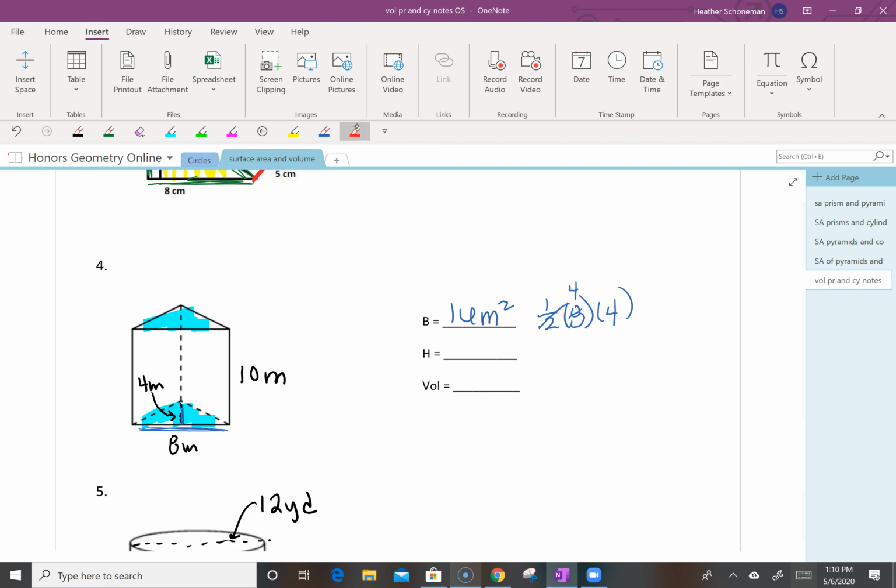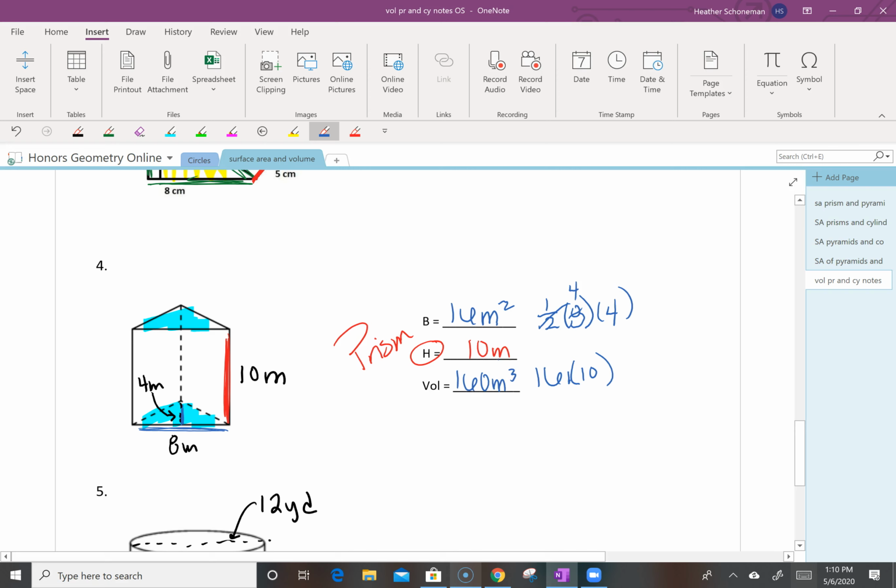The height of the prism, this right here, is for the prism. Whoops, that looks like an R. Take that back. For the prism, not for the triangle. So the height of the prism is the distance between the two bases, which is 10 meters. Then to get your volume, you have your base, 16, times your height, 10, which gives you 160 meters cubed.